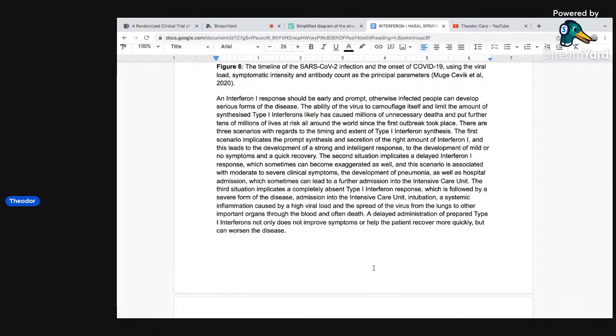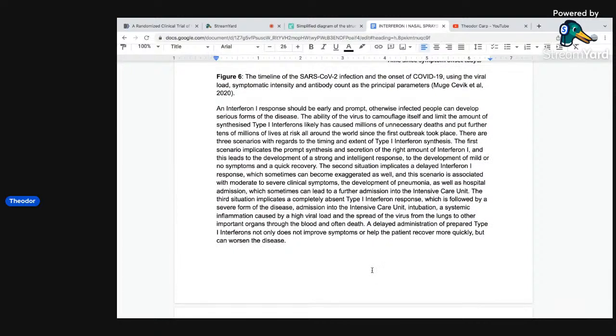And here's another thing: we need to be focusing on mucosal immunity, not intramuscular immunity, because the virus first infects the nasopharynx, and as a result, mucosal immunity is involved first-hand here. And mucosal immunity has immunoglobulin A. Immunoglobulin A, or antibody A, is very important as well in the defense against SARS-CoV-2.